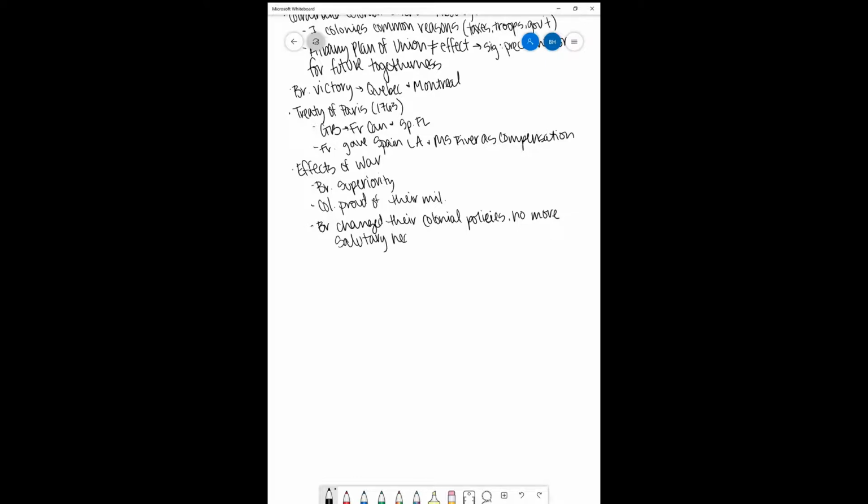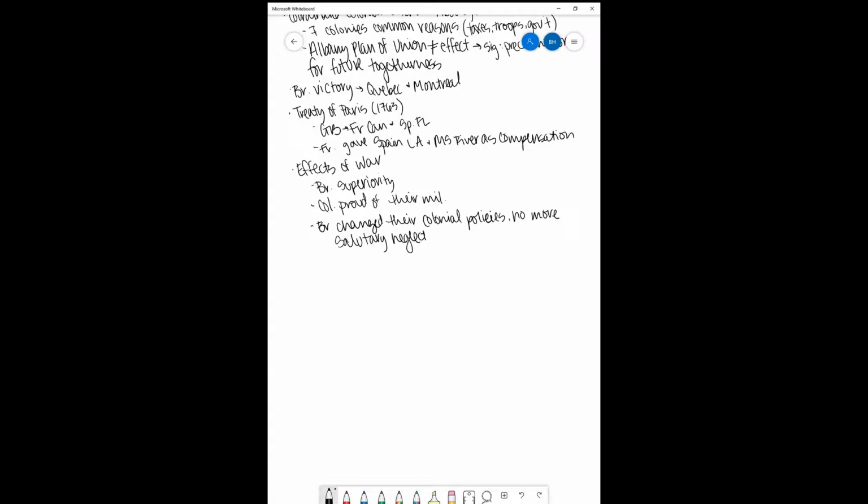Now, salutary neglect was almost like that purposeful, I'm ignoring you. It's like, I know what you're doing, but I'm ignoring you. And a lot of it was because of the cost of the war, and the British Parliament felt that the colonists needed to help pay for their part since fighting took place on their land as well.